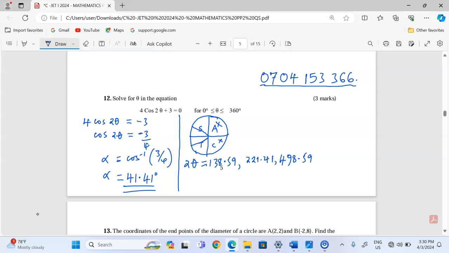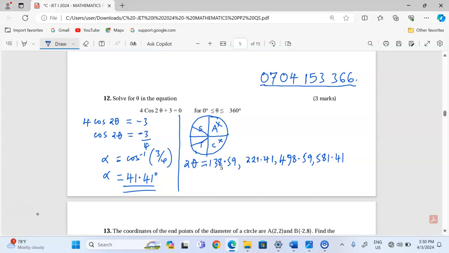This is an angle whose trigonometric ratios are equal to those of 138.59. And when we add 360 to 221.41, we are going to get 581.41. Again, this is an angle whose trigonometric ratios are equal to those of 221.41.